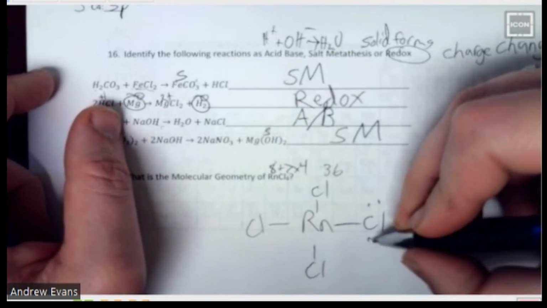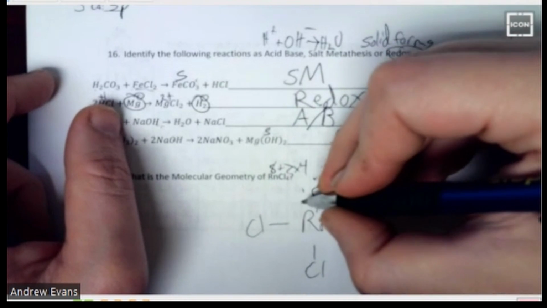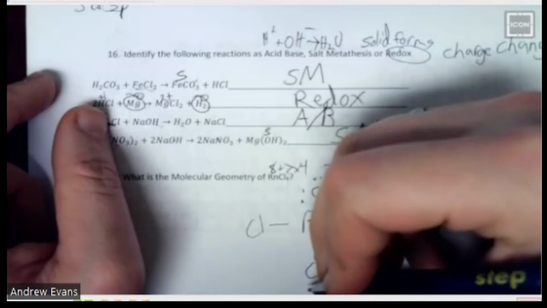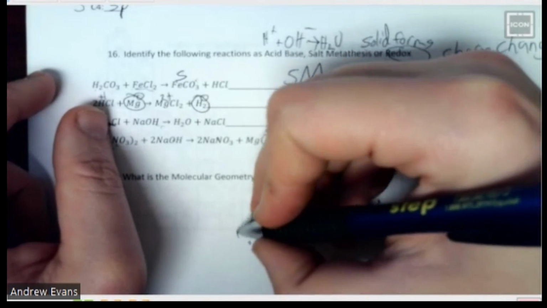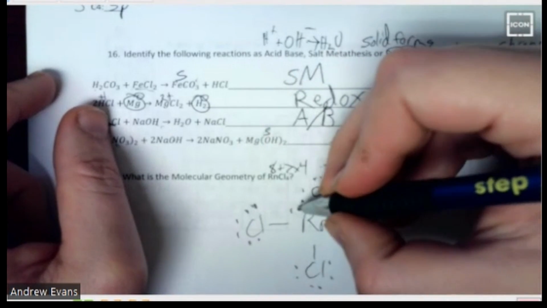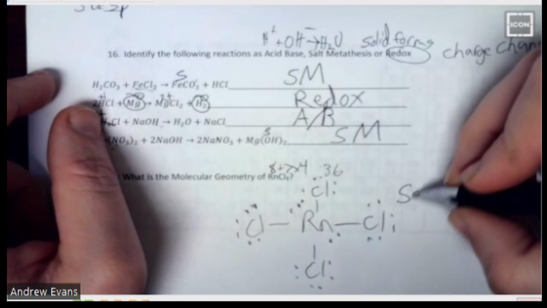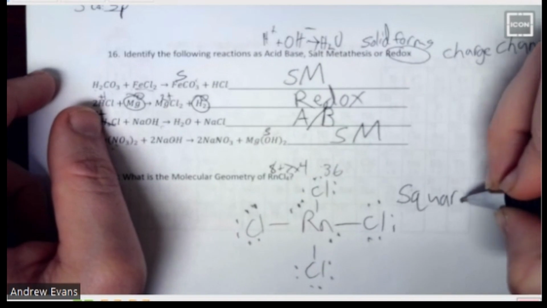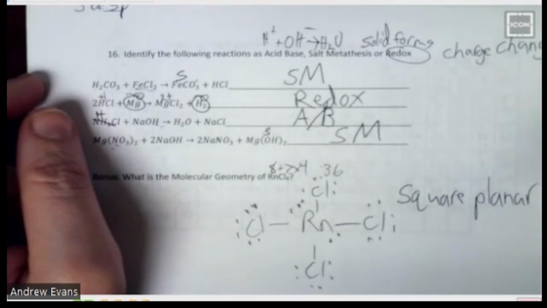That's 8. Here is 24. That brings our number to 2. And then lone pair. This guy is square planar. That's a molecular geometry. That was the test.